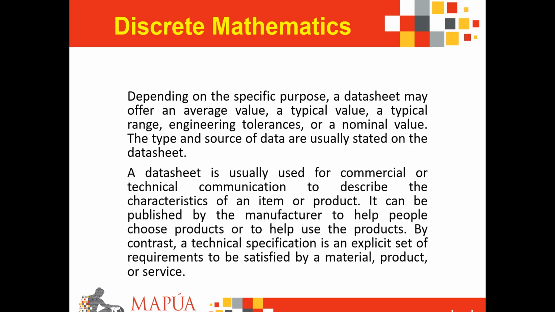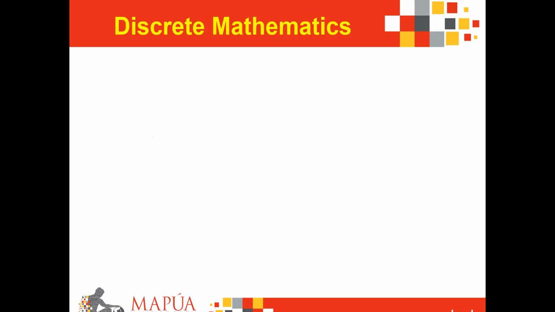So a datasheet usually is used for commercial or technical communication to describe characteristics of your given item or product, and it is published by your manufacturer. So technical specifications of your particular device or material or product or service are seen there.